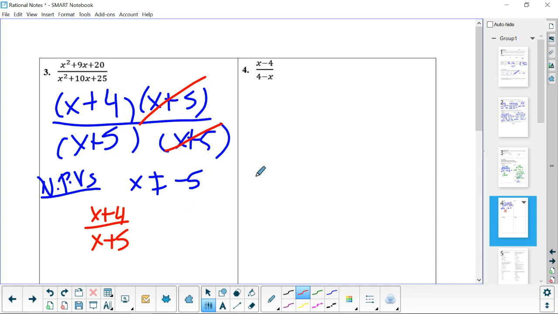Okay, let's do this last question here. X minus 4 divided by 4 minus x. So let's factor our numerator by taking a negative out, and I'm left with -x plus 4 in the numerator divided by 4 minus x.